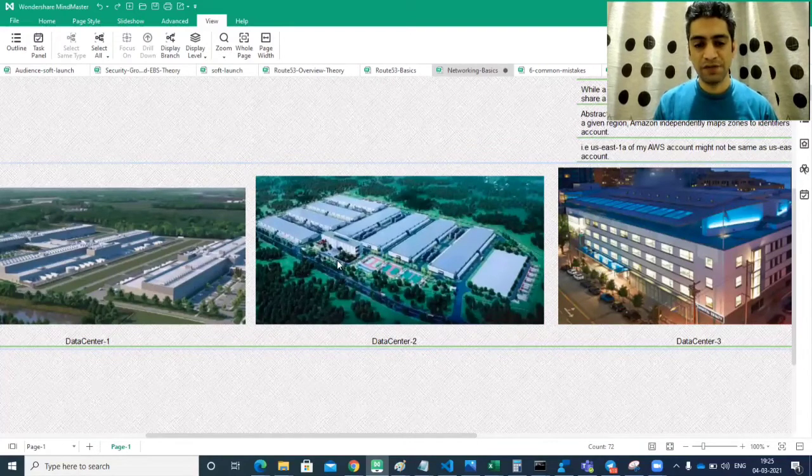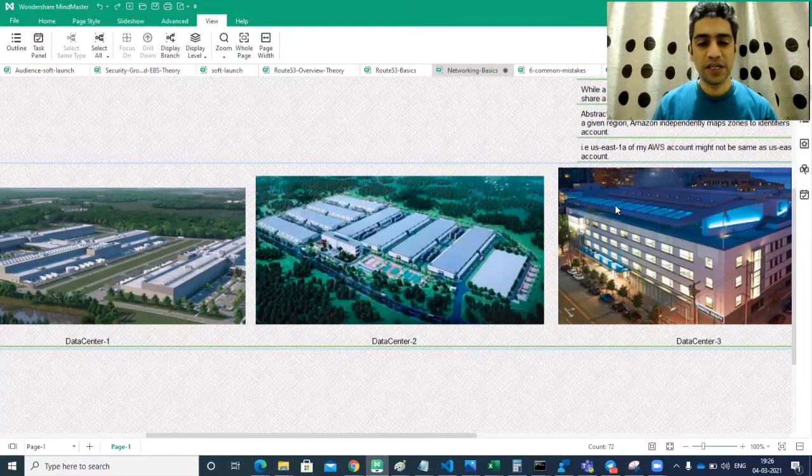If this is one AZ and this is US East 1A for me, so in the US there is an availability zone US East 1A. If I create an instance, it would be created in one of these data centers. But that would be different for you.